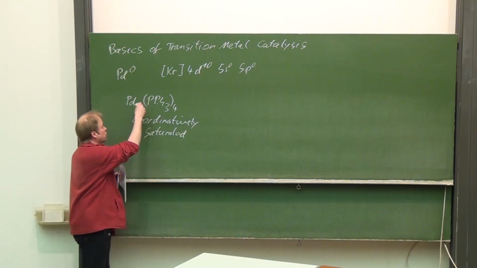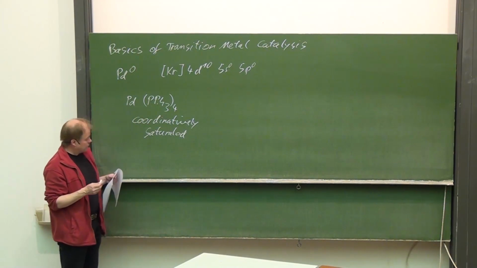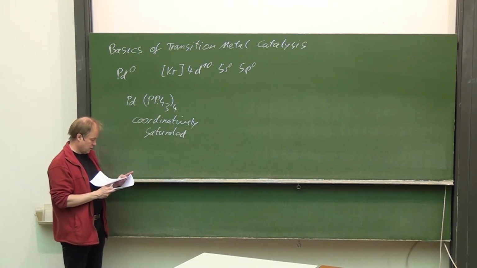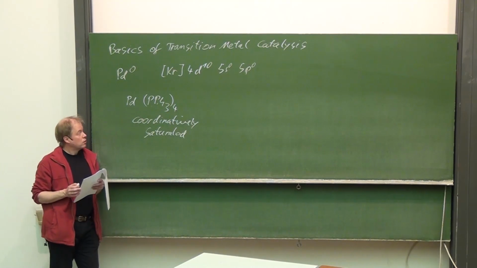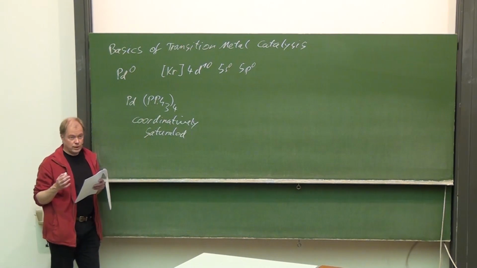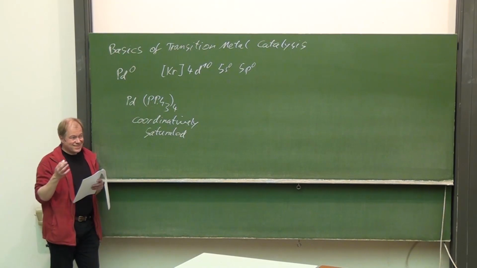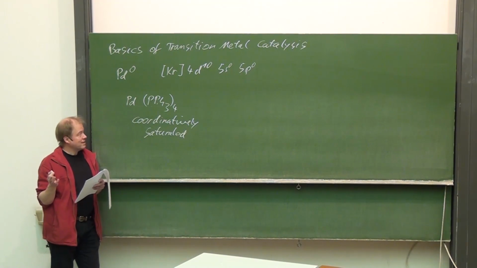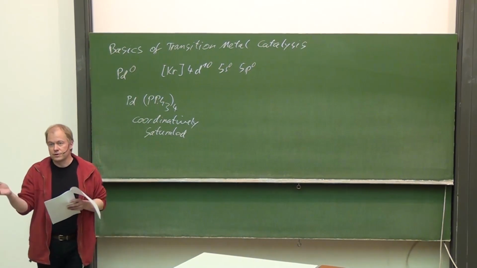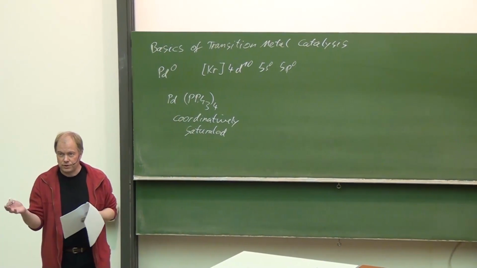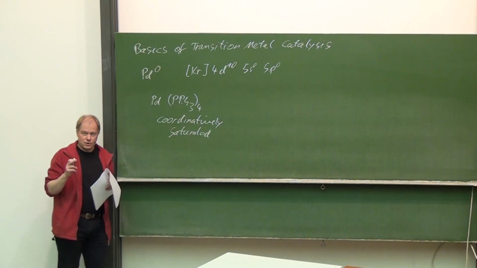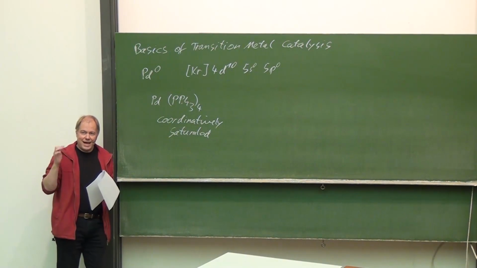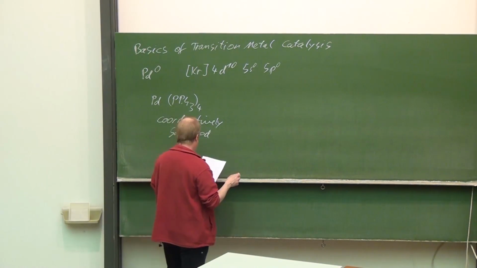That means this complex has the electron configuration of xenon and is coordinatively saturated, and since it is saturated, it can't interact, for instance, with olefins. Therefore, this is certainly not the catalytically active species. But no problem.